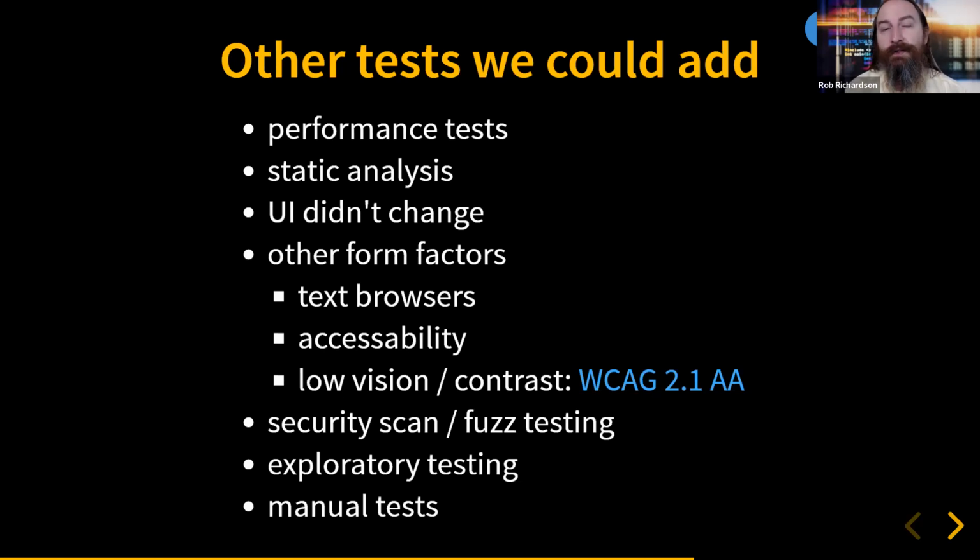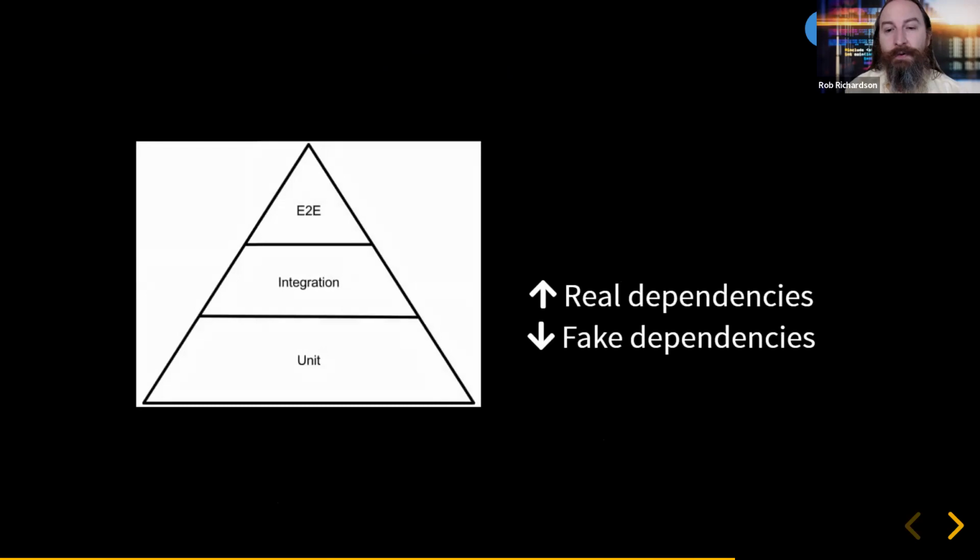Maybe we want to validate other form factors, text browsers, accessibility, low vision contrast. This standard is actually really excellent, so click through here to learn more about it. We can do security scans and fuzz testing, exploratory testing, and those manual tests to be able to go find those weird pieces. There's a lot more that we could choose to test with this, but ultimately, we were able to build up these tests.